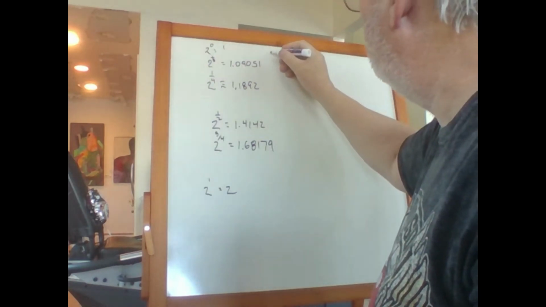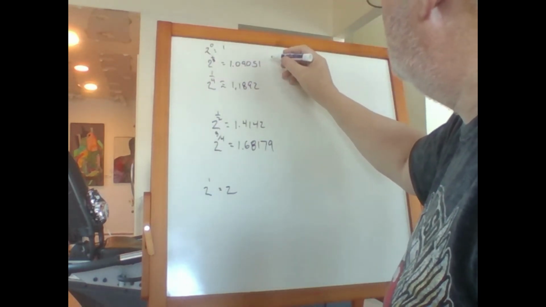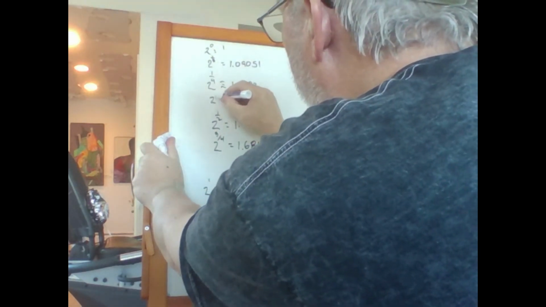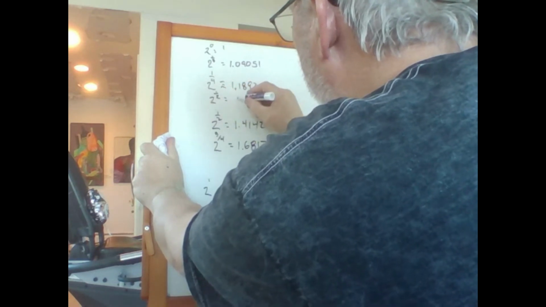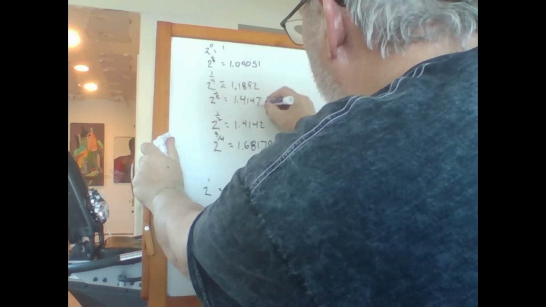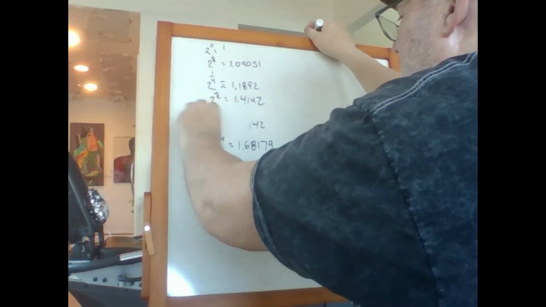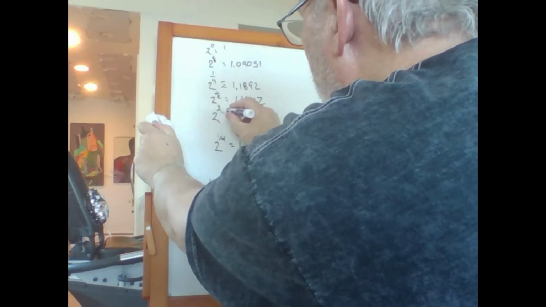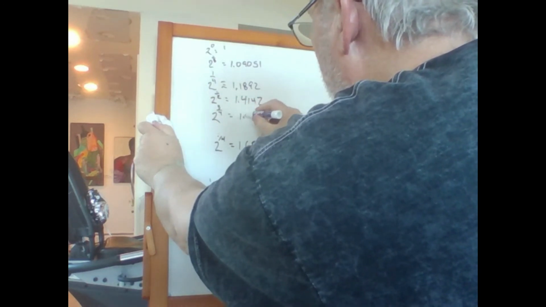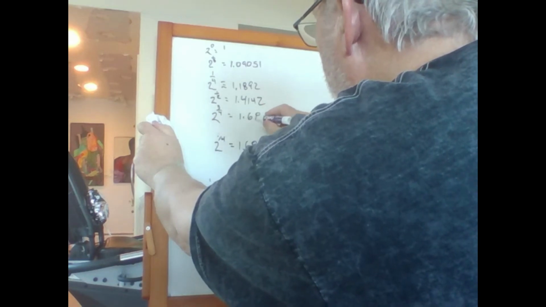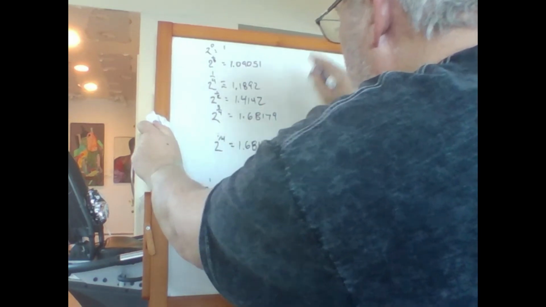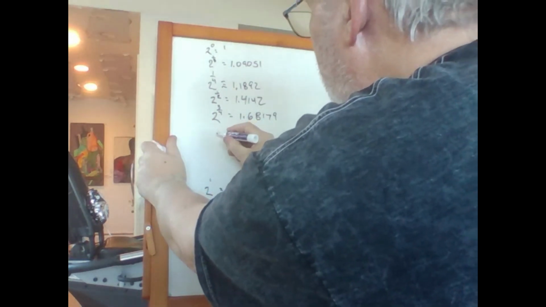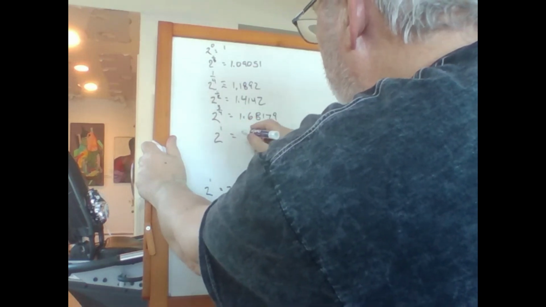We have 2 to the 0 is 1. 2 to the 1/2 equals 1.4142. 2 to the 3/4 is equal to 1.68179. And 2 to the 1 equals 2.